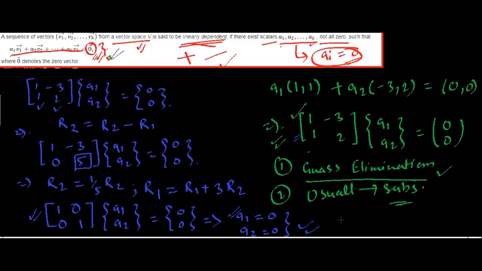It means that all the AIs are 0, and this implies that our vectors (1, 1) and (-3, 2) are linearly independent.